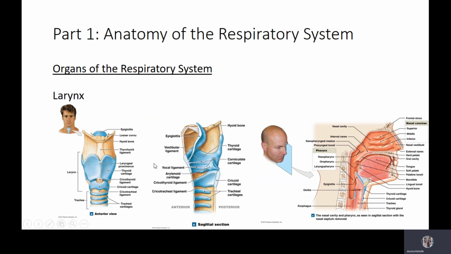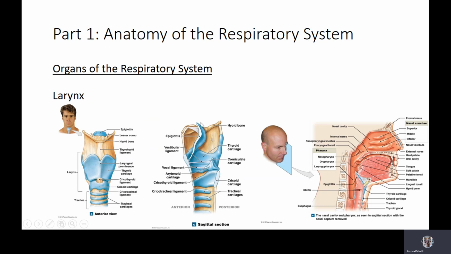Underneath the thyroid, we have the cricoid cartilage here and here. Cricoid in Greek means it looks like a ring, and it's the only cartilage within the larynx that goes fully around the glottis. So it's the only one that goes all the way around. The other ones are only on a particular side of the larynx.